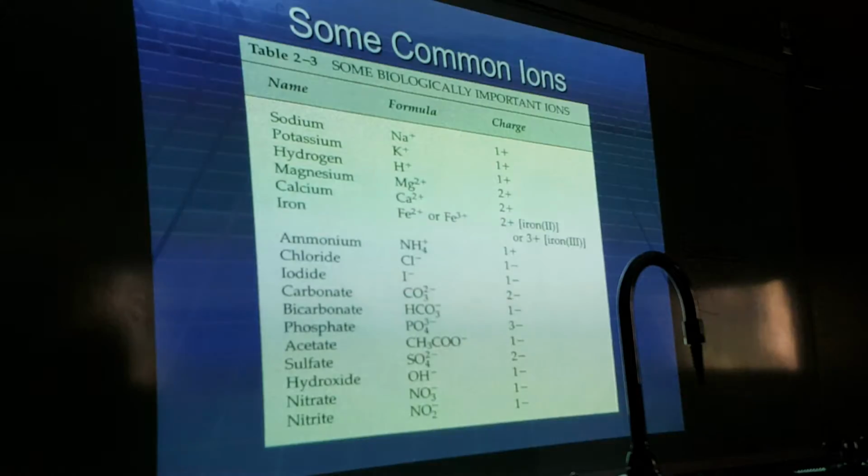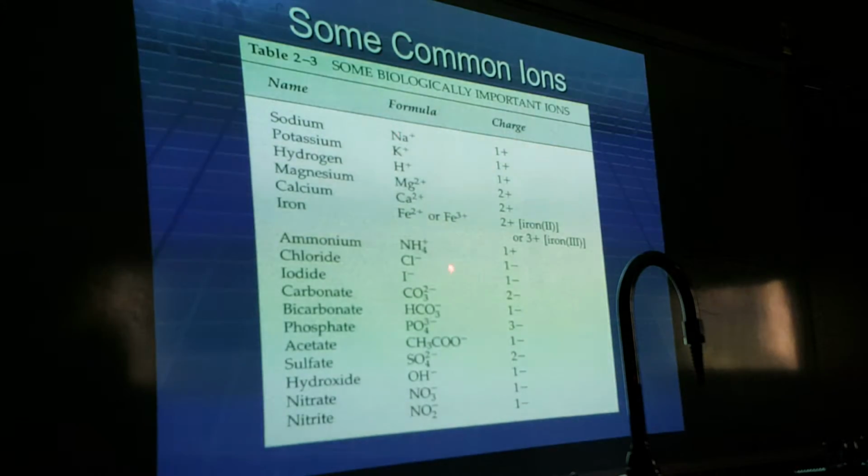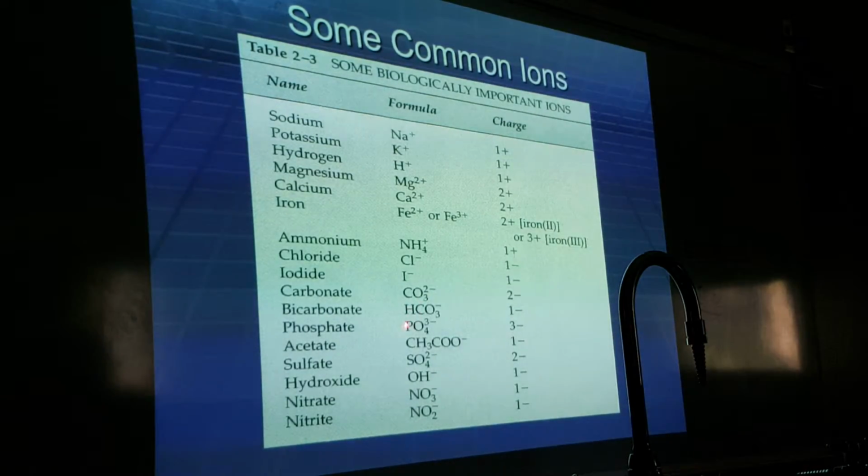Next slide. This tells the charges on all the common ions, and we'll be interested in a number of them. For instance, carbonate's an important ion, and bicarbonate's important, phosphate's important. You see some of these ions have more than one atom. They're actually molecules with the charge. They're called polyatomic ions. Sulfate, you've heard of that. Nitrate, you've heard of that.